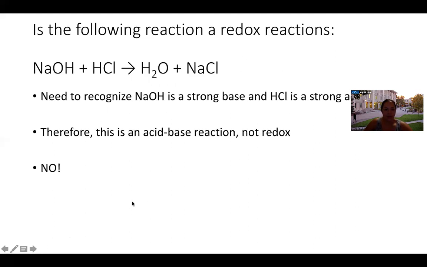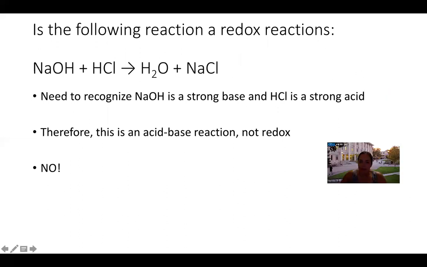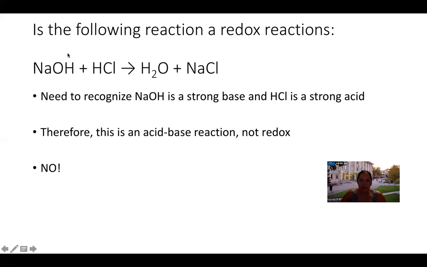And then, is this a redox reaction? This one can be a little bit hard, okay, because you might be saying, well, the hydrogen didn't have, well, I guess it has oxygen here. You might start thinking along that route, but what I'm really expecting you to do in this class is to recognize NaOH, and HCl, quickly. You're saying NaOH, strong base, HCl, strong acid.